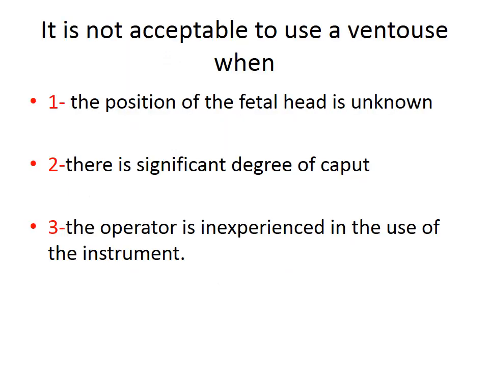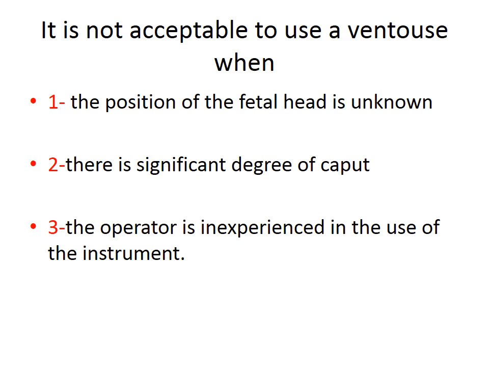It is not acceptable to use a ventouse when the position of the fetal head is unknown, because as I explained to you, when it is applied on a point that is not a flexion point, this might lead to deflection of the fetal head and hence increase the presenting diameter that should negotiate the birth canal.